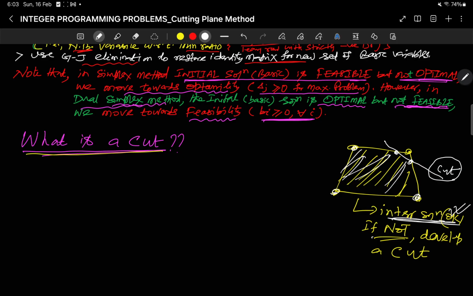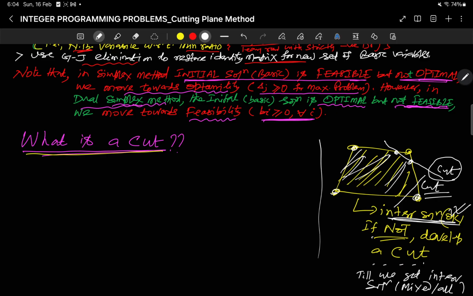If it is, then it's okay. If not, we again develop a cut. In that way, we continue till we get an integer solution, which may be mixed or all integer as asked. So this is the idea.